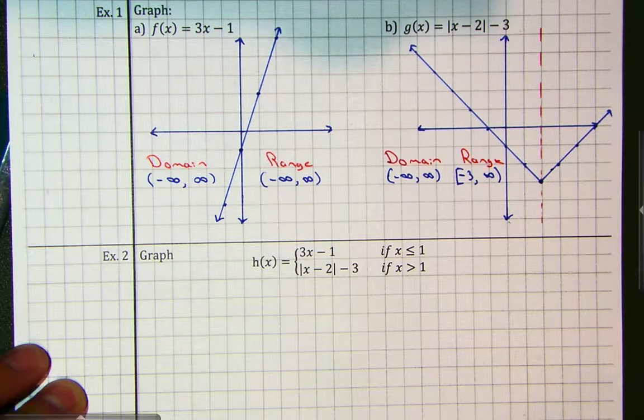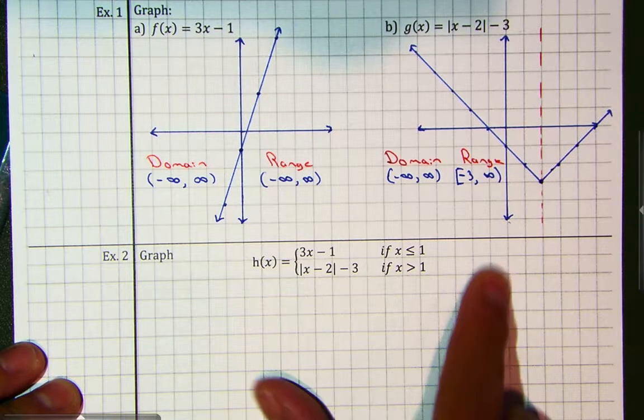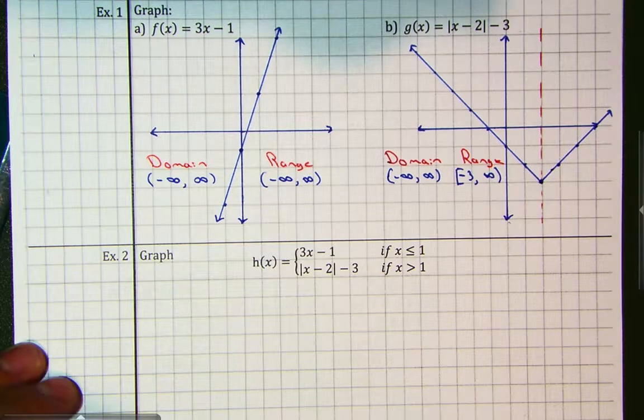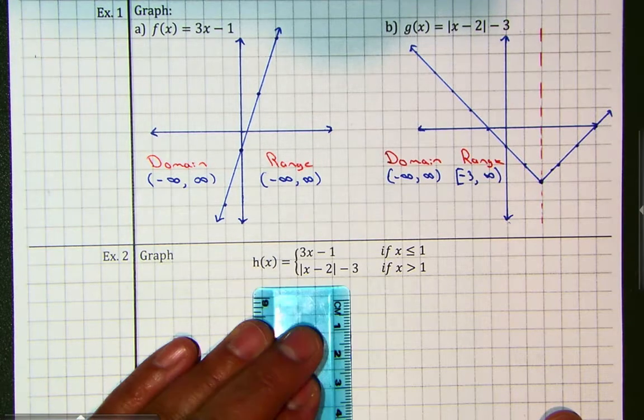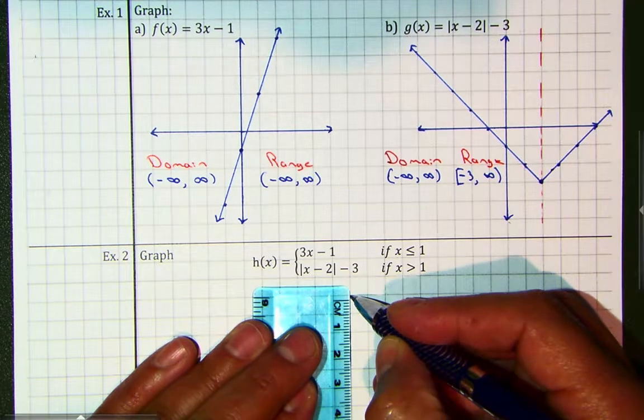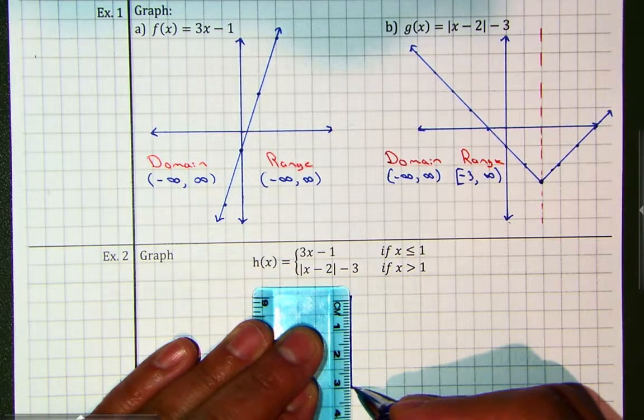So example number 2, we have a piecewise function. Take the time to copy it down and we'll start once you're ready. Go ahead and pause it. So in this case, we're going to make a 5 by 5. I'm just going to place it at the center. 2, 4, 5, 2, 4, 5.